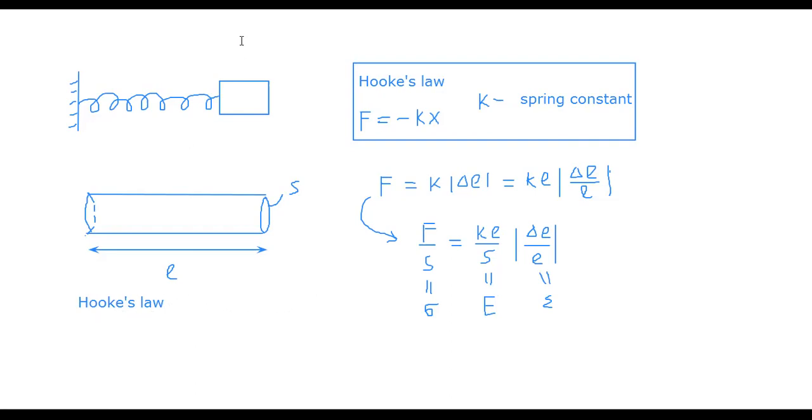This is also Hooke's law, but in another form. Sigma is equal to E multiplied by the modulus of epsilon, where E is a constant known as Young's modulus.